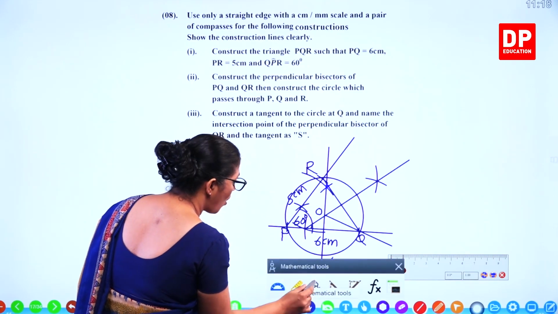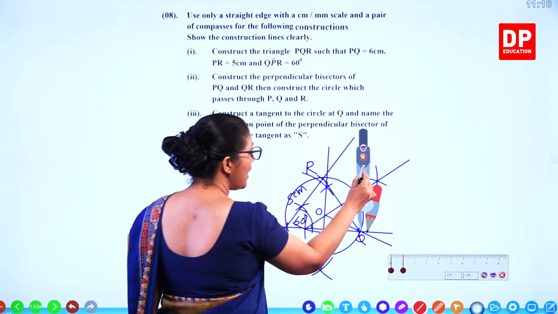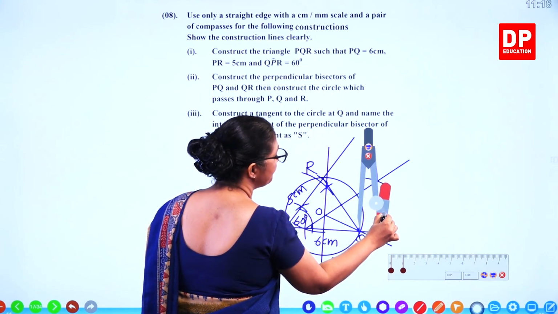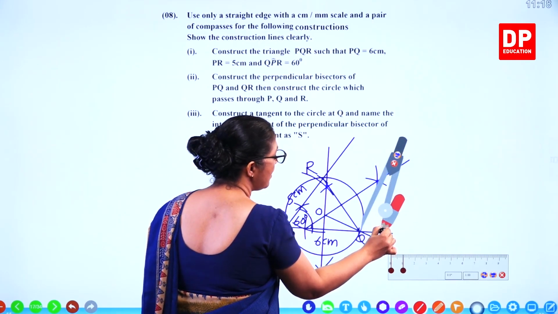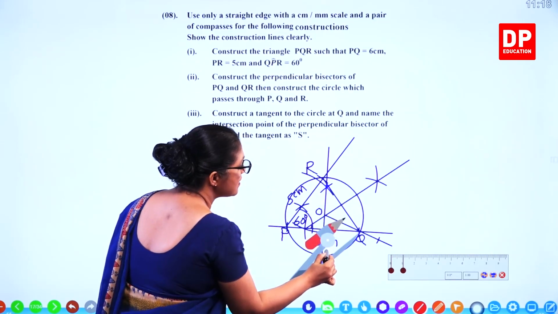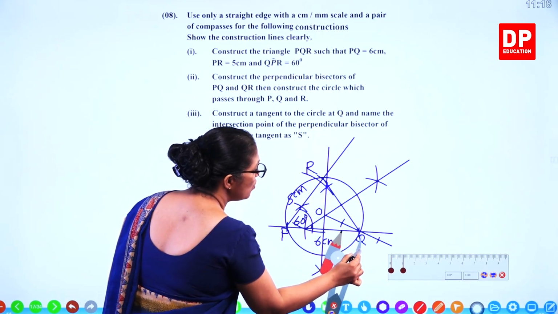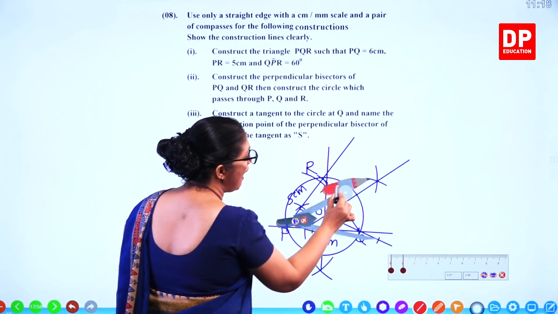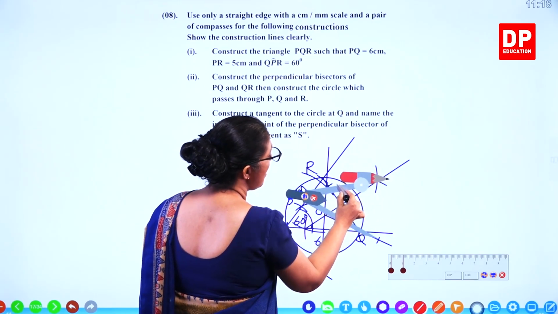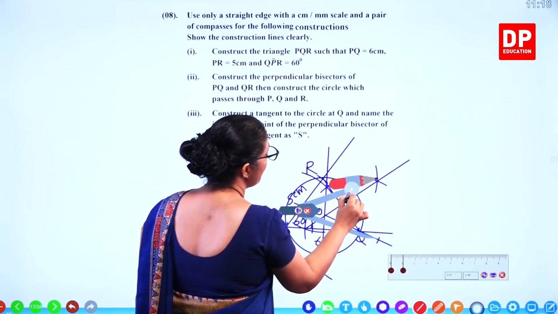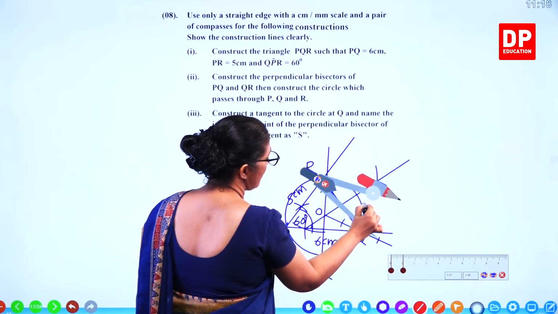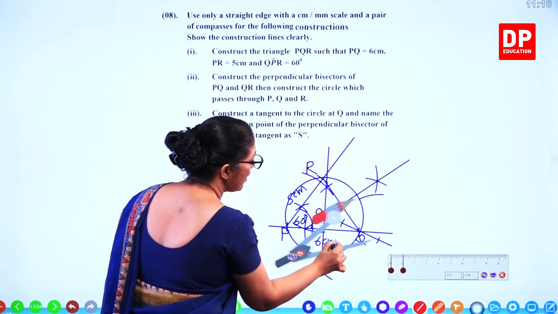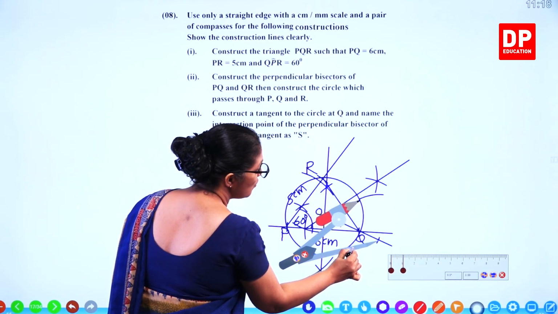So we can take the compass and draw a perpendicular line. So we can take any distance from Q, draw an arc here, an arc on the other side, and we have to take a certain distance and find out the other intersecting point. So we'll draw an arc here. So we will do both ways so that you get the tangent line.